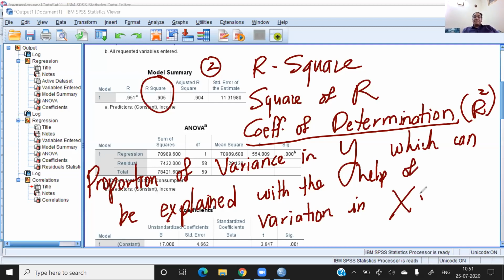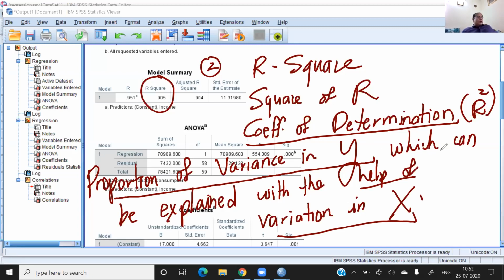So now see this definition. The coefficient of determination R square can be defined as the proportion of variance in y which can be explained with the help of variation in x. So this is the bookish language of R square.